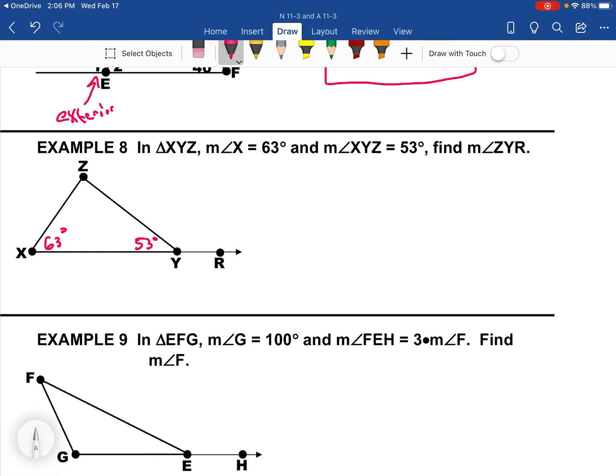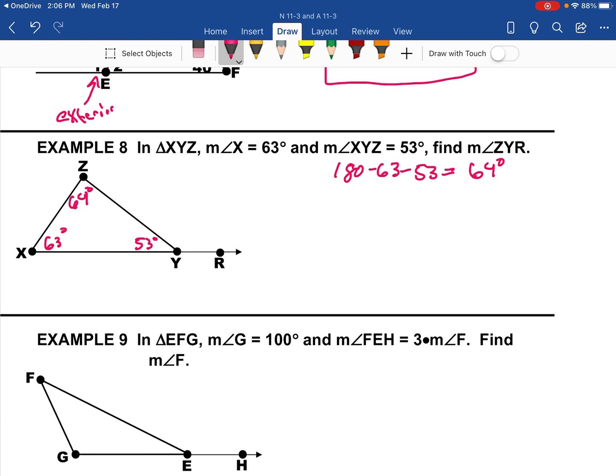So there's a couple of ways to think about it. One, well, we know the three angles of a triangle add up to 180. So we could say 180 minus 63 minus 53 would give me 64 degrees. And that 64 degrees is angle Z. And we just learned that the two remote interior angles add up to the exterior angle.